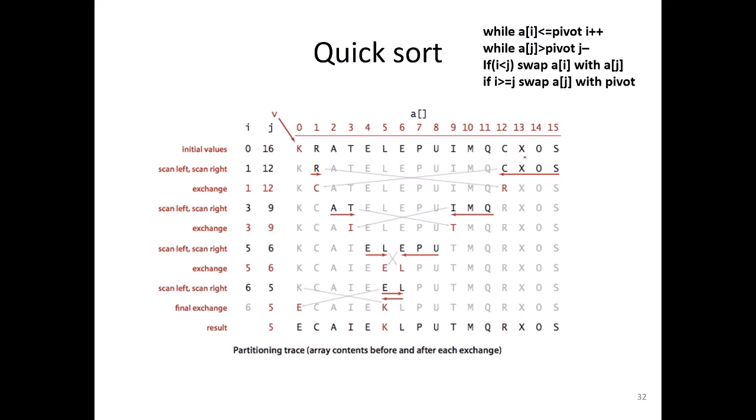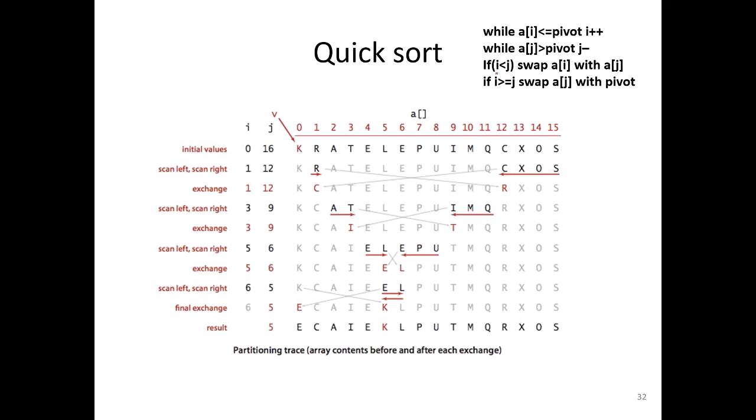And x is compared with k. x is greater than k, just decrement it. Now k is compared with c. In this situation, the condition fails because a of j, c, is less than k. So just stop it. You have incremented i and stopped, and you have decremented j and stopped.